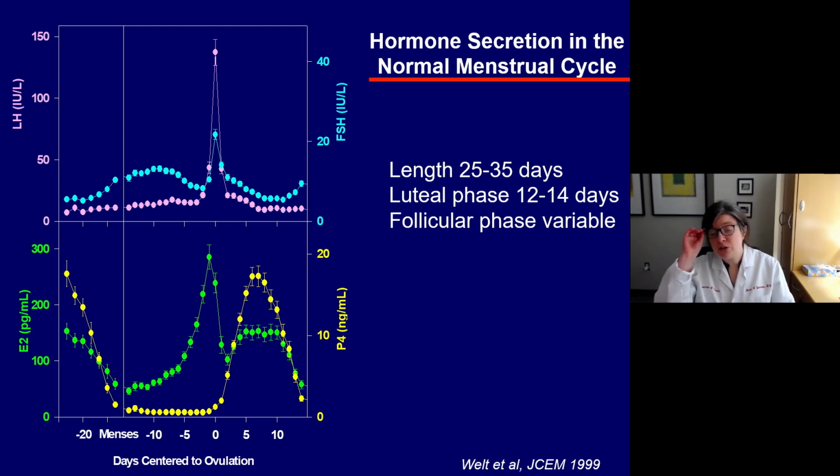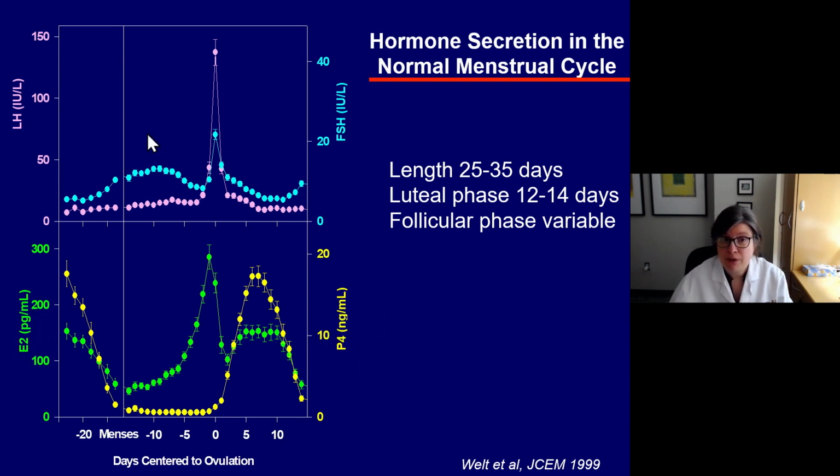So just to remember a little bit about the normal menstrual cycle, in this graph, you will see at the bottom on the x-axis, this is day of ovulation, and this is the menstrual period here. Here in pink, you have luteinizing hormone. In aqua, you have FSH. On the bottom graph, you have estradiol in green and progesterone in yellow.